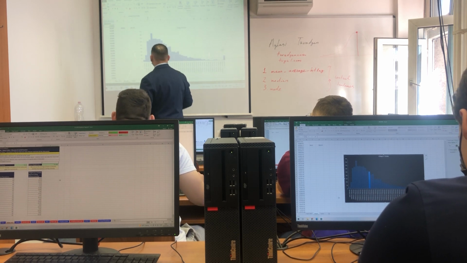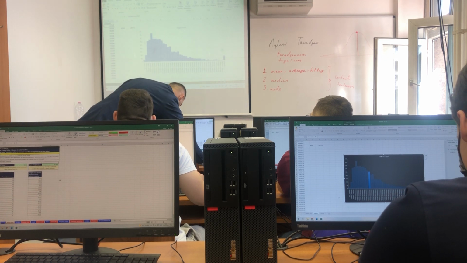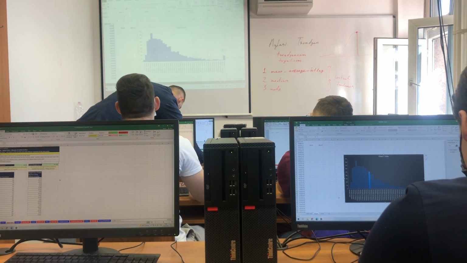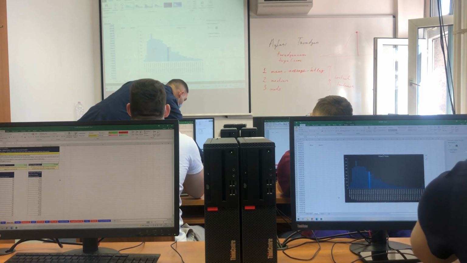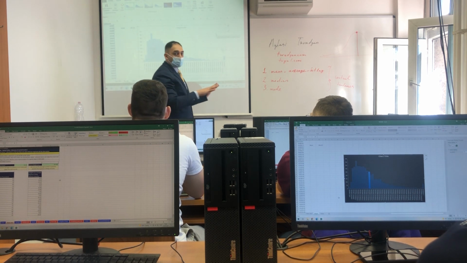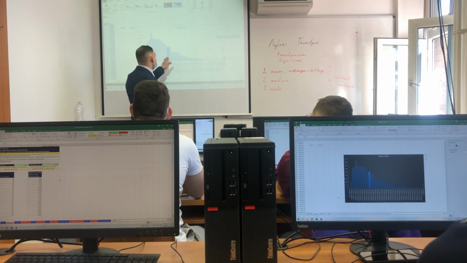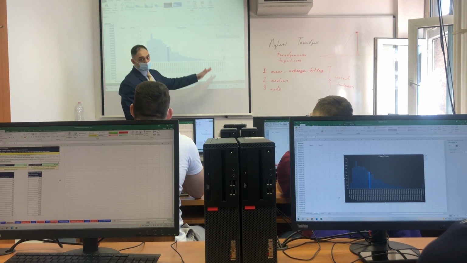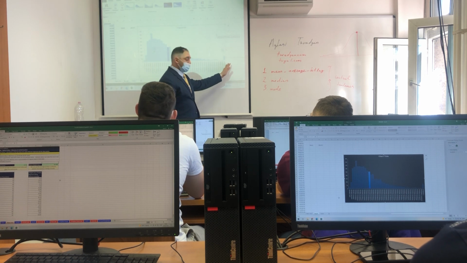And this value, around 300,000 florins, where it was here. This doesn't mean that 50% of the population, or of the sample, earn more than this, or 50% of the population earn less than this. Because we have a lot of outliers, okay?